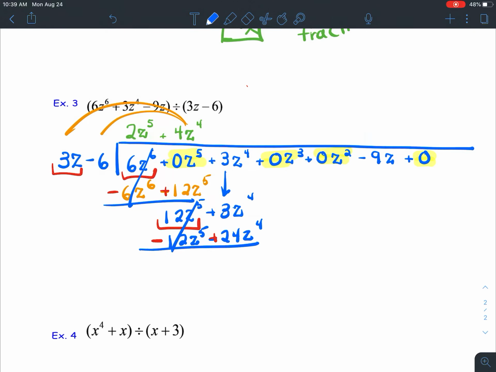I'm going to flip this to a negative, that to a positive, add down. Okay, now be really careful here. This is 3z to the fourth plus 24z to the fourth. That gives me a total of 27z to the fourth. I'm going to drop down the next term.